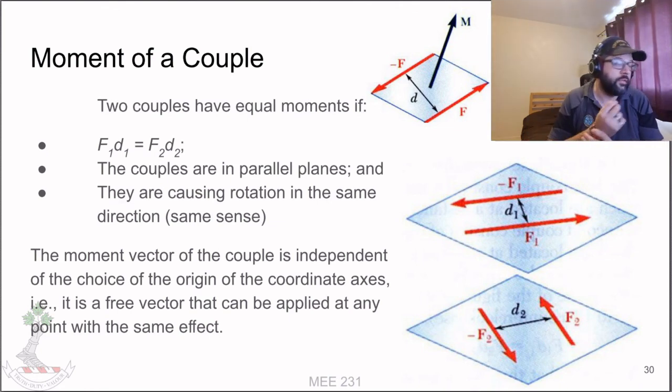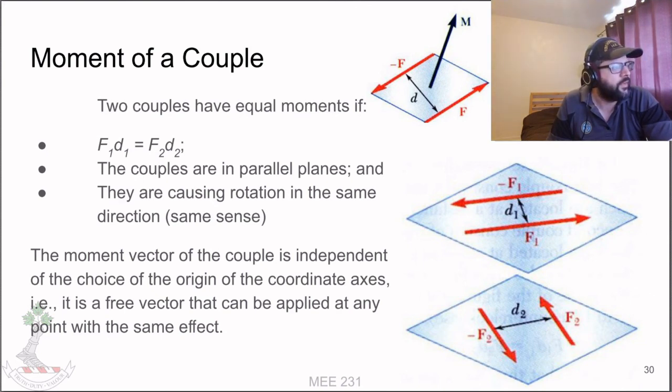In order to have equivalent moments, they do need to be in parallel planes. Not necessarily the same plane, but a parallel plane ensures that when you calculate the orientation of the moment that's generated, it has the same unit vector.